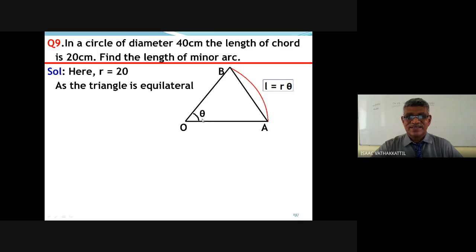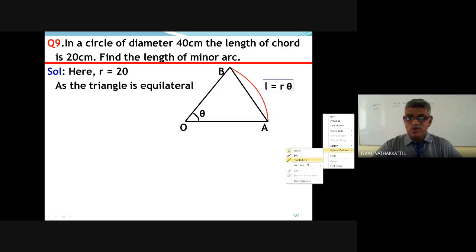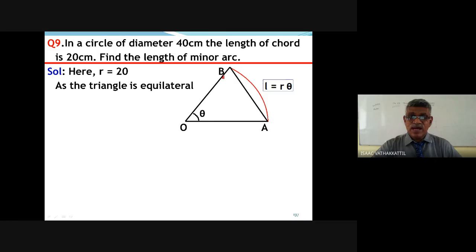Because O is the center of the circle, OA and OB are equal. The proof is beyond the requirement. These two angles are equal anyway, because these two sides are equal, because both are radius, equal to 20.